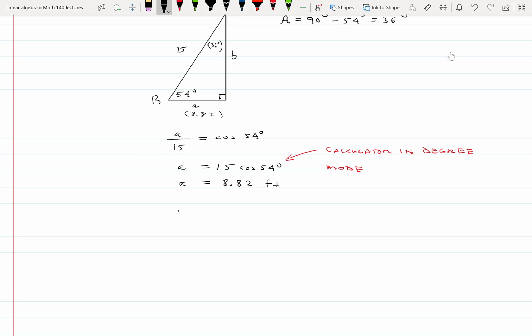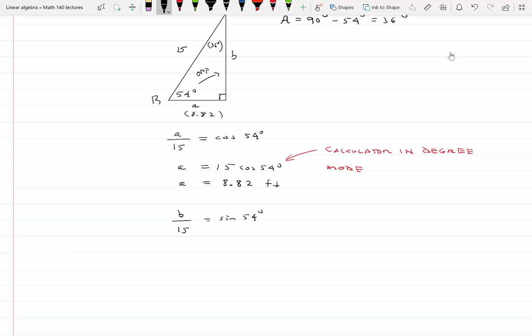So let's do B over 15. That's opposite of 54, opposite over the angle 54. Opposite over hypotenuse, and that's the sine of 54. I'm realizing that the little OPP that I wrote for opposite probably didn't show up real well. Opposite B is 54.